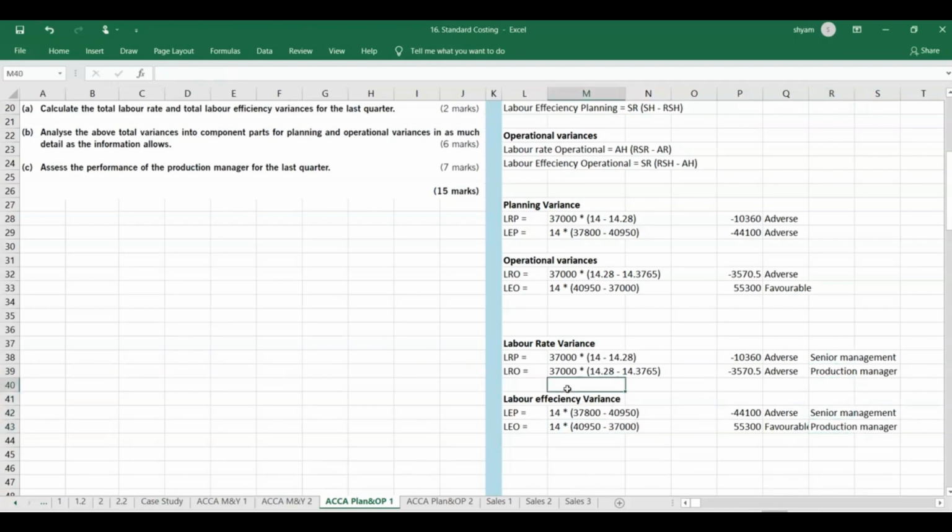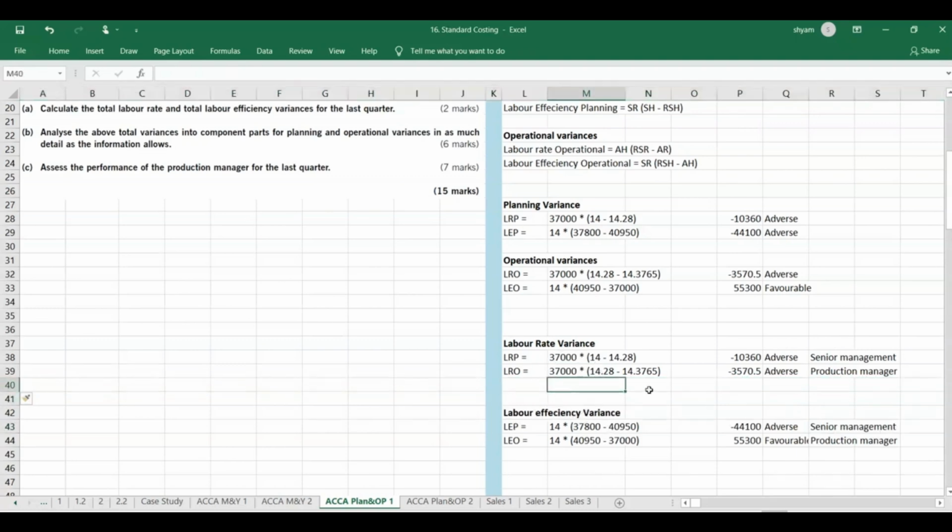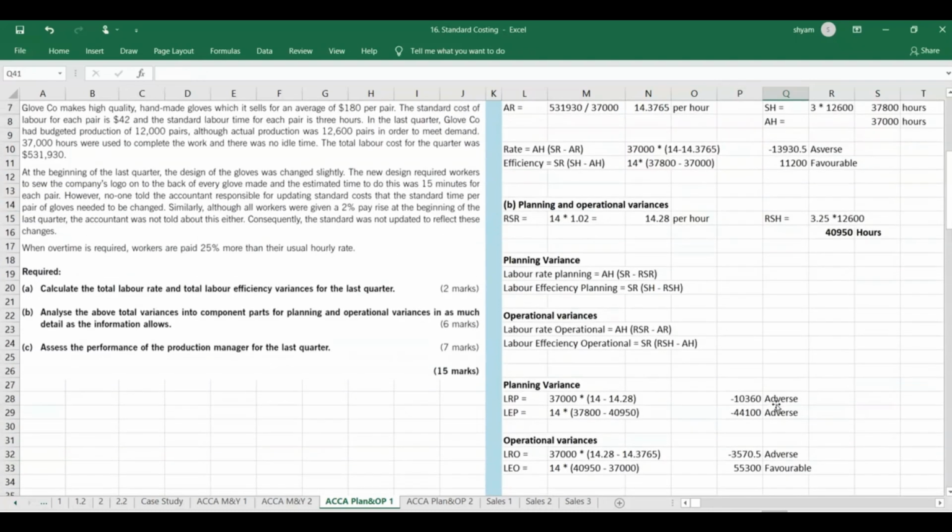And what is the most beautiful concept is when you add both these variances, let's see. So this gives you an adverse and this is favorable, right? You would have already calculated it somewhere.